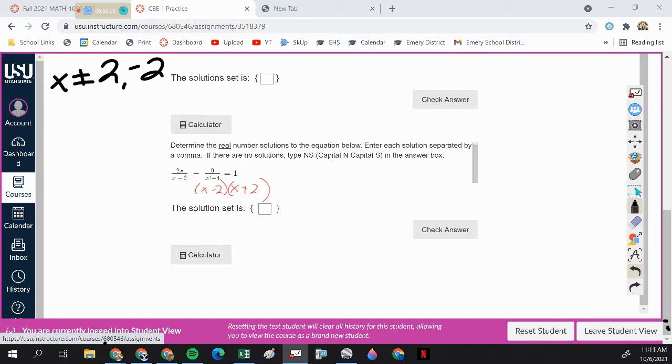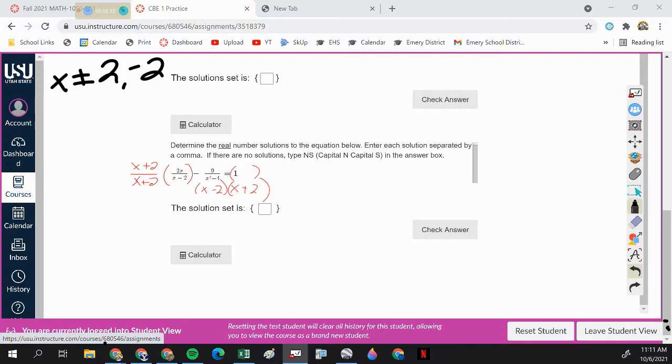Okay. Now we need a common denominator. What is the common denominator going to be? It's going to be x squared minus 4. We need an x minus 2 and an x plus 2. What does this need? X plus 2 over x plus 2. What does the 1 need?